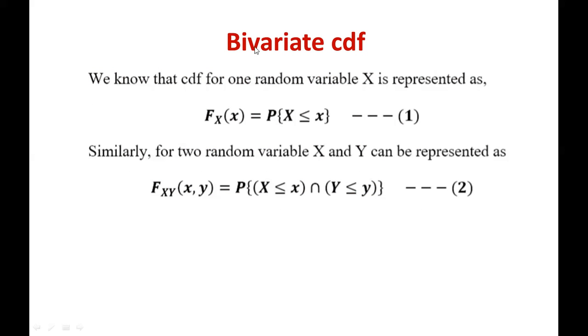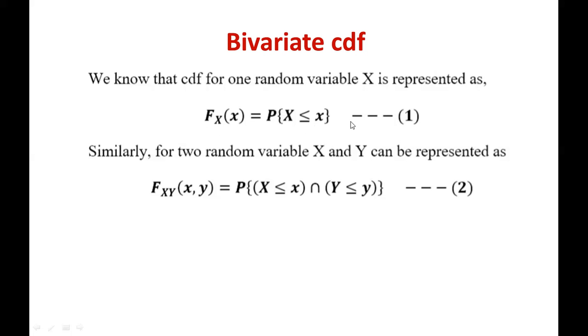Now looking at the next concept, bivariate CDF. CDF stands for cumulative distribution function. CDF for one random variable is F_X(x) equal to the probability of X less than or equal to x.